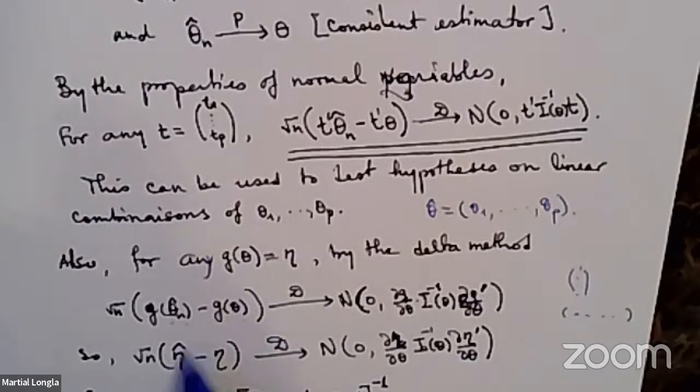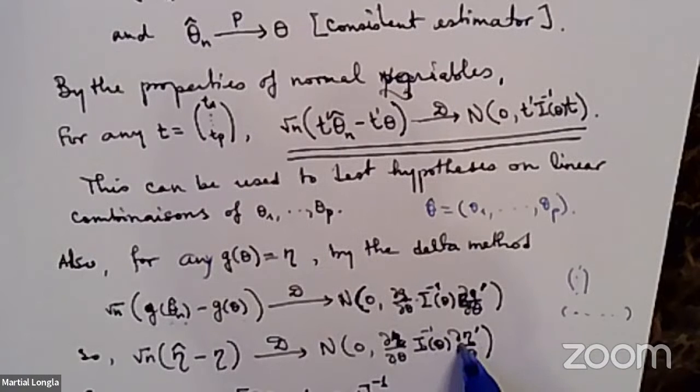So if eta is a function of theta with eta hat being g of theta hat, you will have square root of n times eta hat minus eta converges in distribution to normal with mean 0, and the variance is the derivative of eta with respect to theta, I inverse of theta, and the derivative of eta with respect to theta, transpose. The prime here means transpose.